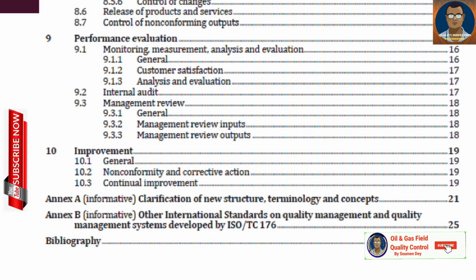And the final clause is very important actually. It is for improvement. Without continuous improvement, any organization cannot proceed further, make itself bigger, or get any future job or service offers from their clients.